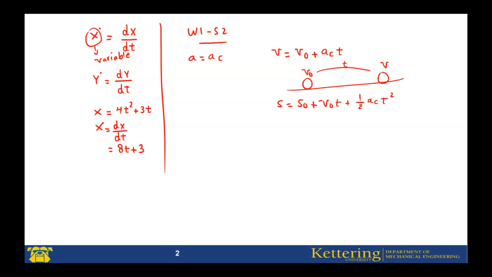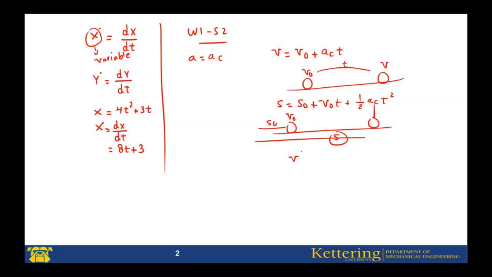Then, why do we need this one? For example, the particle moves along this direction. After some time from S0, we can find the position or the distance of the particle if it has an initial velocity V0 and we have the time. We can find the final position, the final distance.